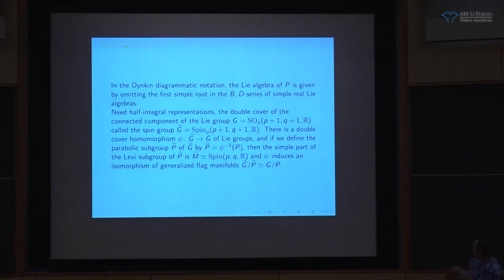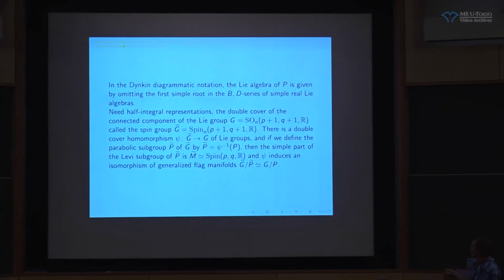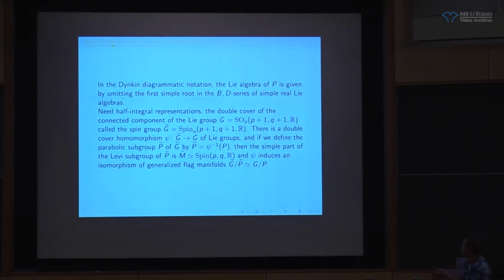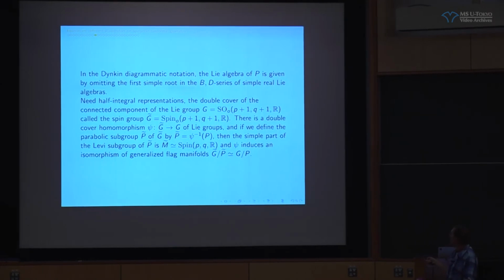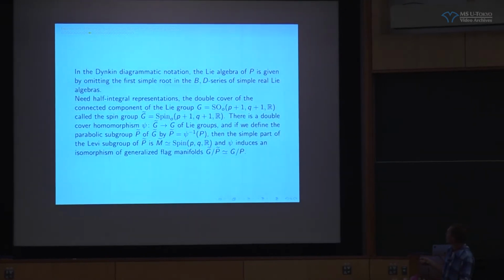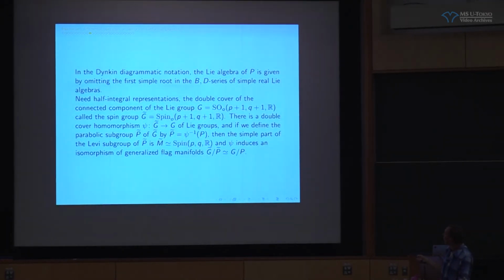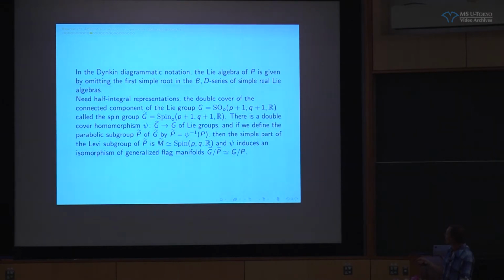the Lie group G, like a special orthogonal group, but we will need its double cover. Its double cover is denoted by G tilde. In this case, it's Spin, the connected component of the identity of Spin(p+1, q+1)(R), and the corresponding covering homomorphism is denoted by psi.